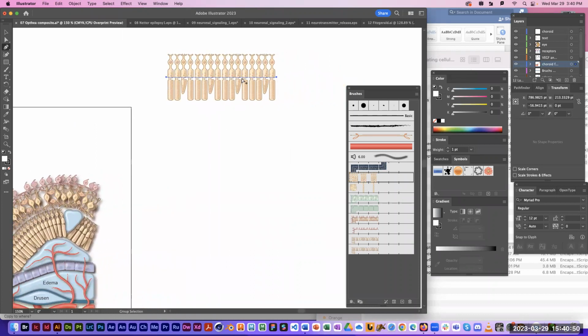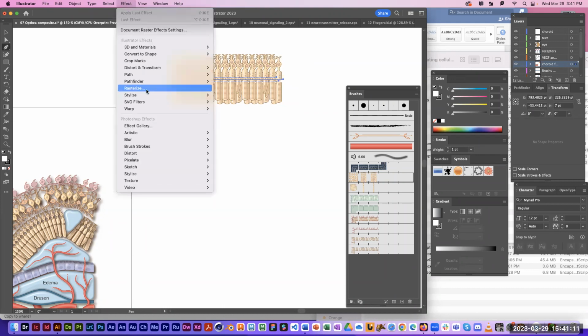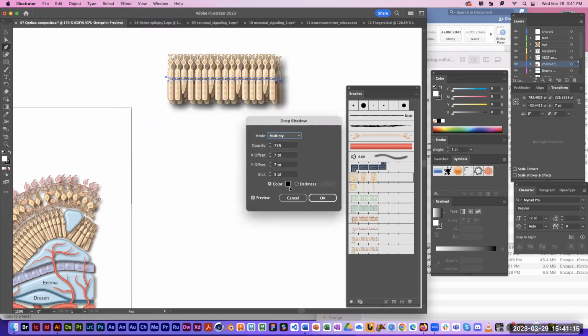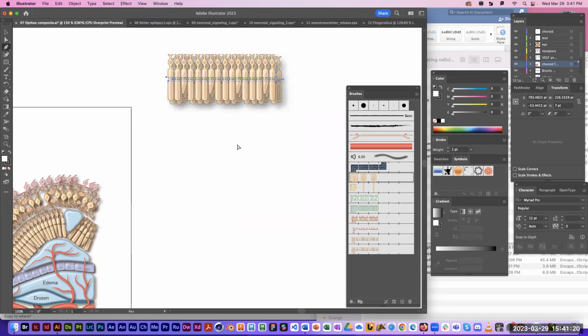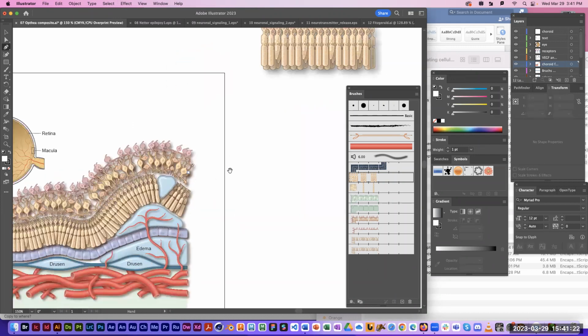And if you just copy and paste these, in front of one another, paste some in the back and paste some more in the back. You can create a bunch of layers of them, and you can create a little effect with a little drop shadow effect. That creates one of these layers.